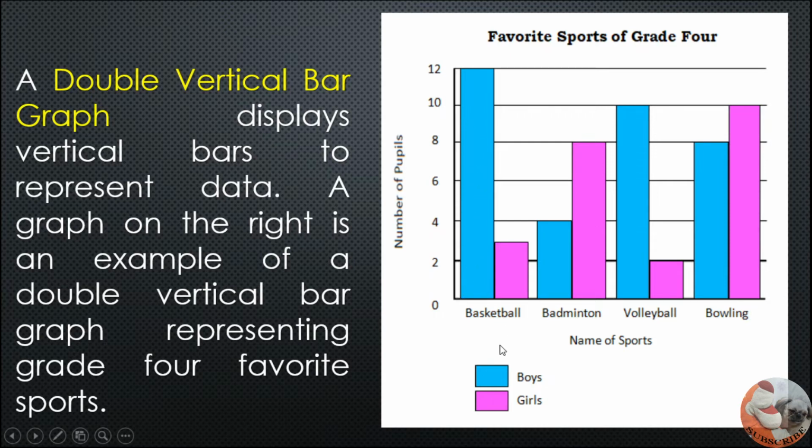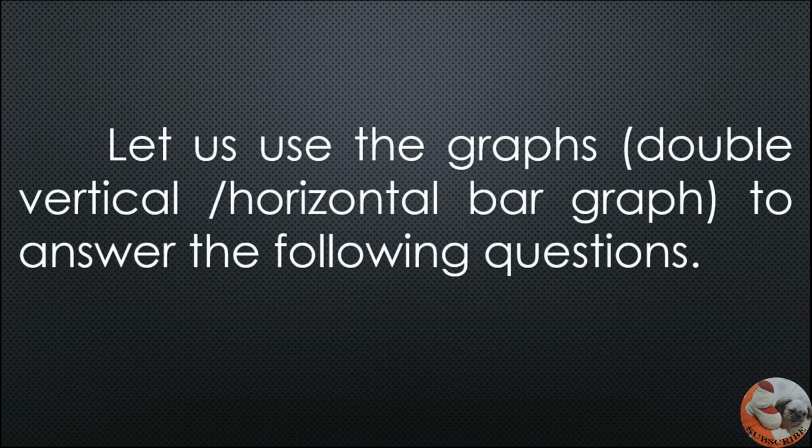The blue represents the boys and the pink represents the girls. This is called a legend. Let us use the graphs, double vertical or horizontal bar graph, to answer the following questions.